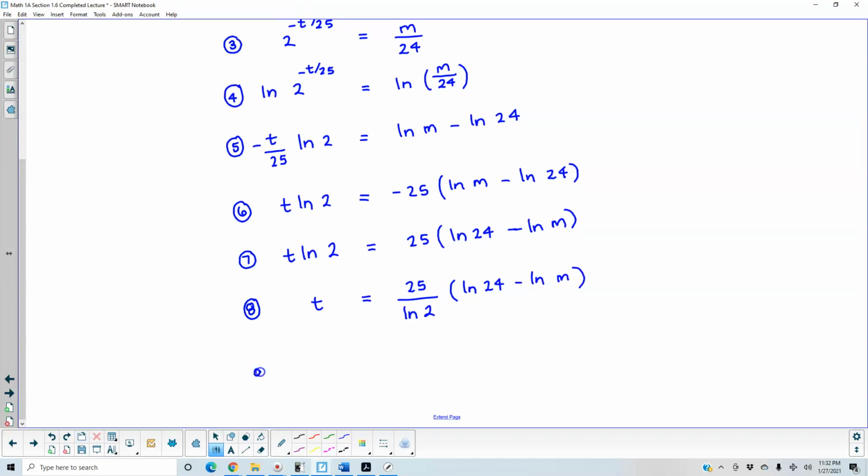So therefore, we can say that the inverse with an input of m is going to equal 25 over the natural log of 2 times the natural log of 24 minus the natural log of m.